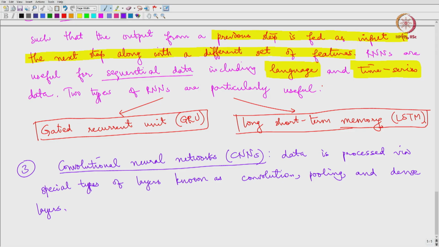And the goal here is to extract high level features in the data.